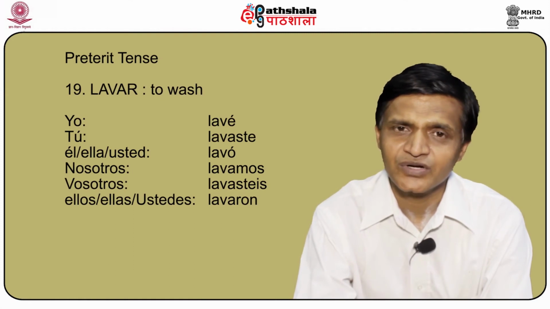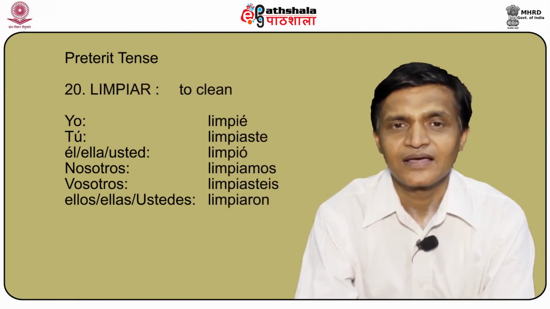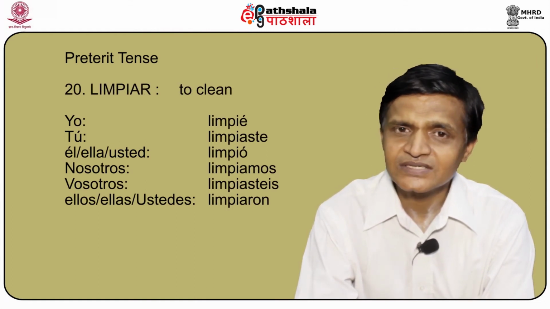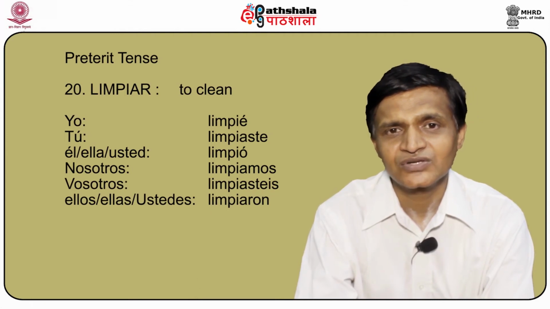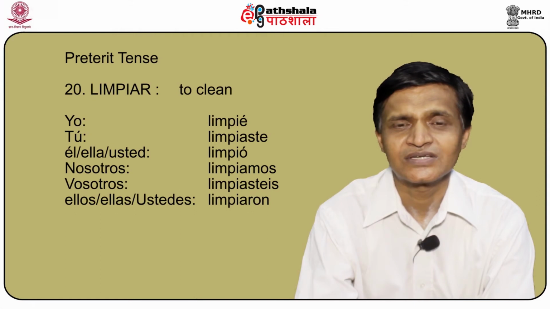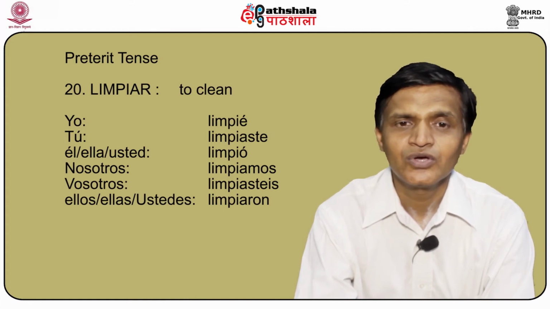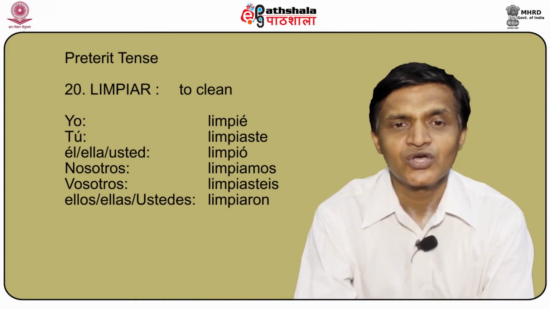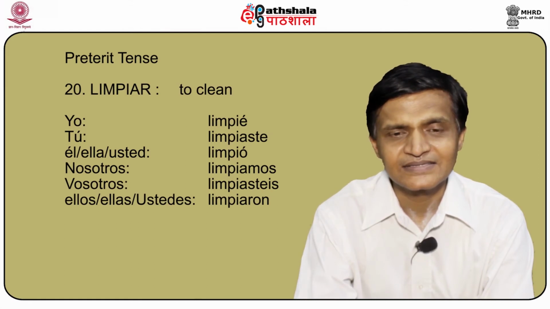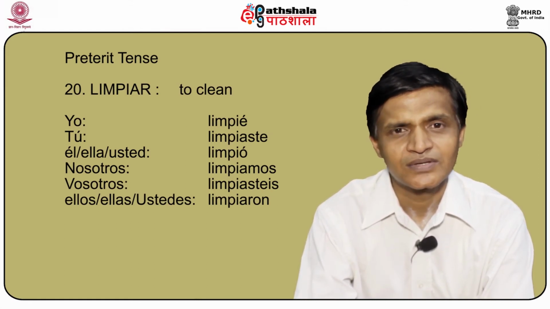Again, another important verb in Spanish is limpiar, to clean. How do we conjugate limpiar in the preterit? Well, because it is an AR ending verb and it is a regular verb, we do it like all regular verbs are done. So it is yo limpié, tú limpiaste, él, ella, usted limpió, nosotros limpiamos, vosotros limpiasteis, and ellos, ellas, and ustedes limpiaron.